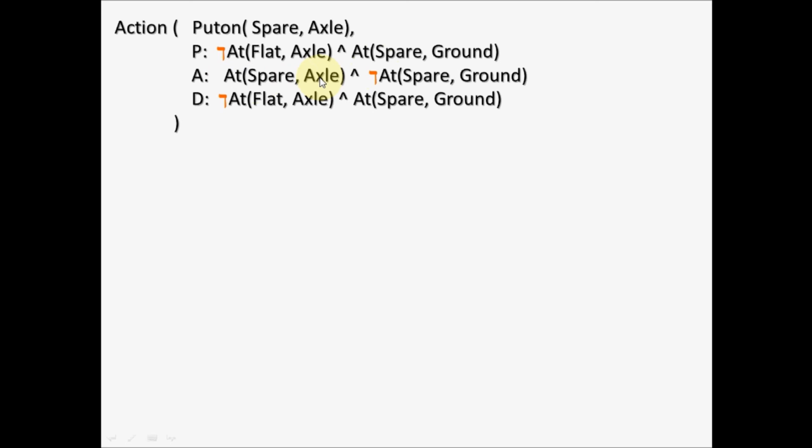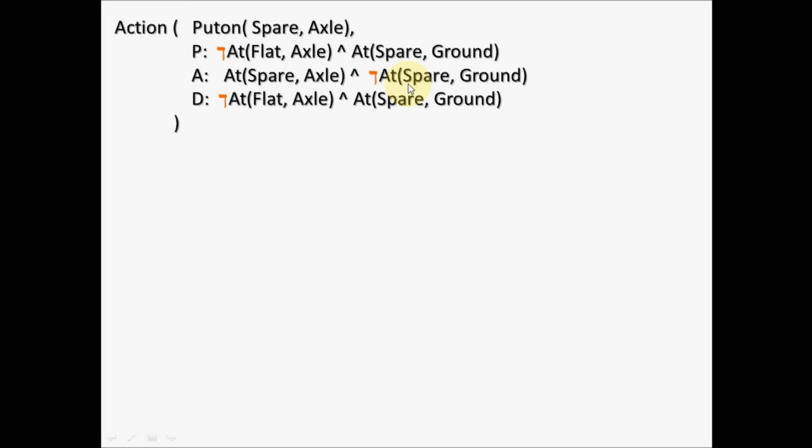Do you also have to specify to the machine that the spare tire is no longer present on the ground? Yes, you have to explicitly tell it. So the effect of the put on action is that the spare tire is at the axle and the spare tire is no longer present on the ground, because now it is at the axle. Earlier it was on the ground. Understood?